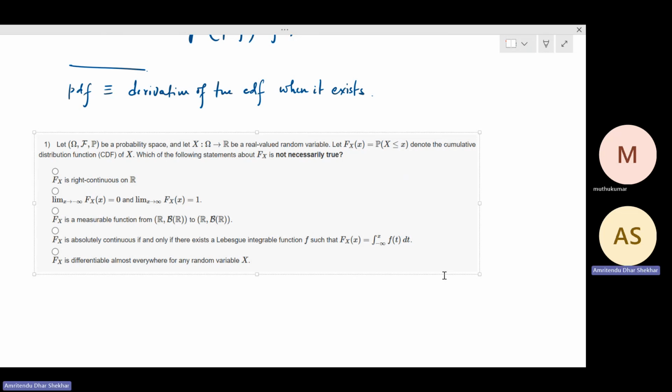That's right. All of the options seem correct to me.